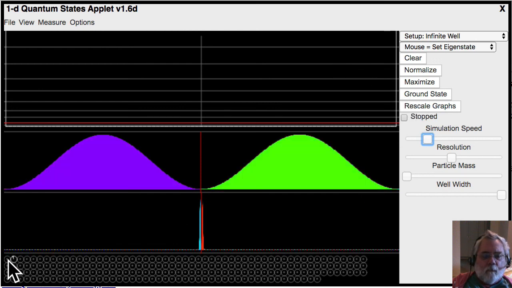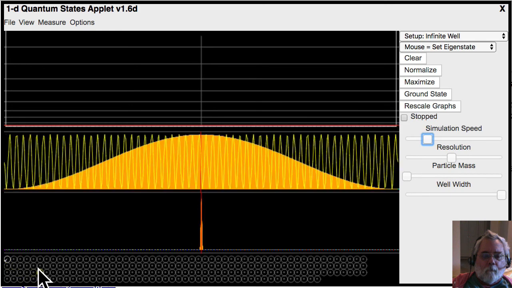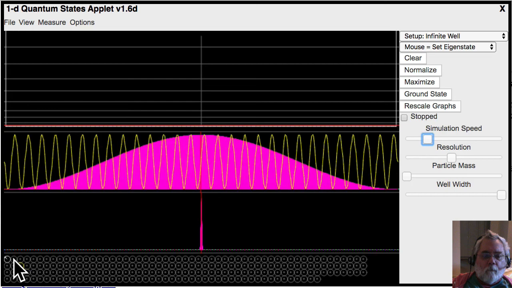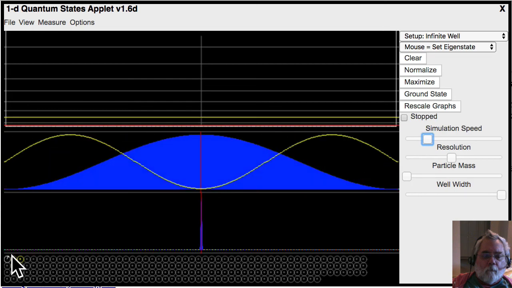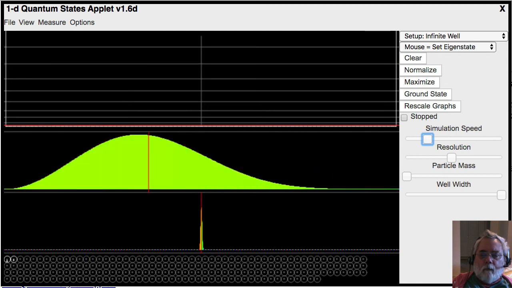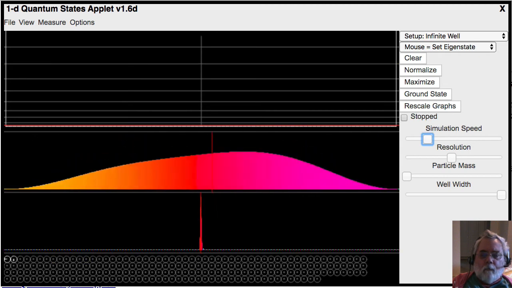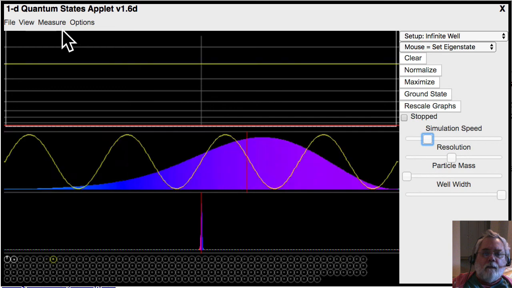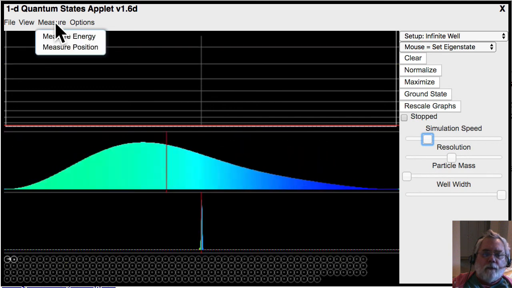Let's see if I can go back. Back to a superposition state and tell it to measure energy again.